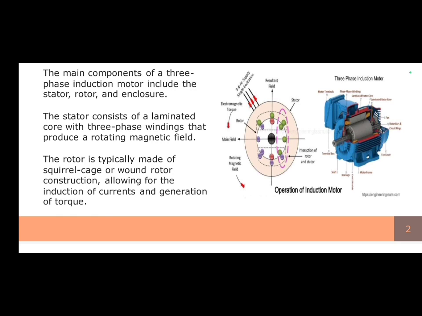The rotor is typically made up of squirrel cage or wound rotor construction, allowing the induction of currents and the generation of torque. There are two types of rotors: squirrel cage and wound rotor. Mostly we use the squirrel cage rotor.